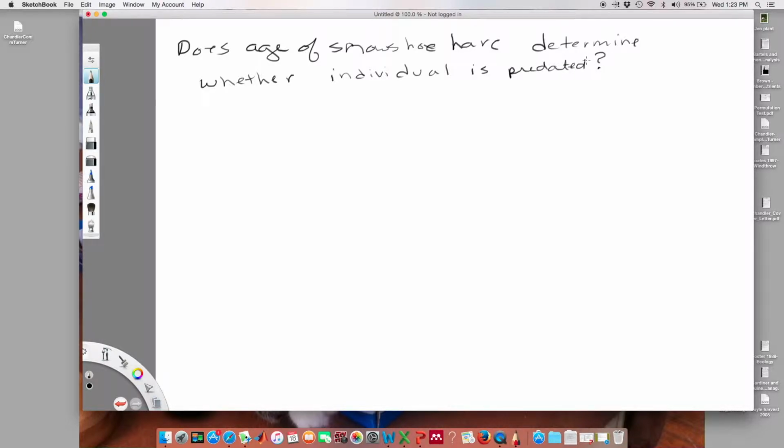And I mean, this kind of makes sense, right? So just like with a regression, we have to have a biological mechanism because we are assuming that our independent variable is affecting our dependent variable. So the older a snowshoe hare is, most likely the more they've dealt with predators and they know how to elude predators. So this would look something like that, age of our snowshoe hare, and then we could have predated and not predated.